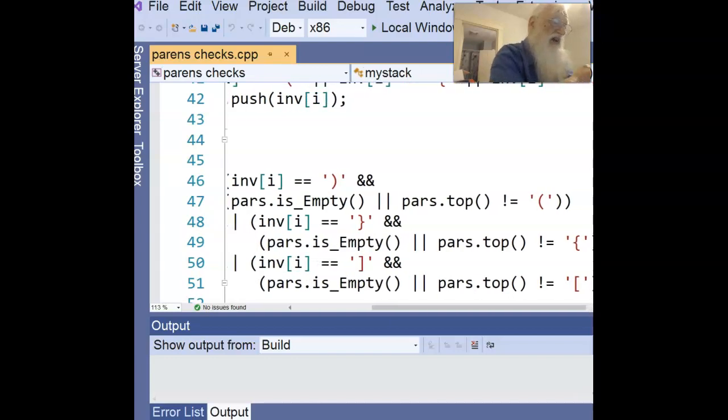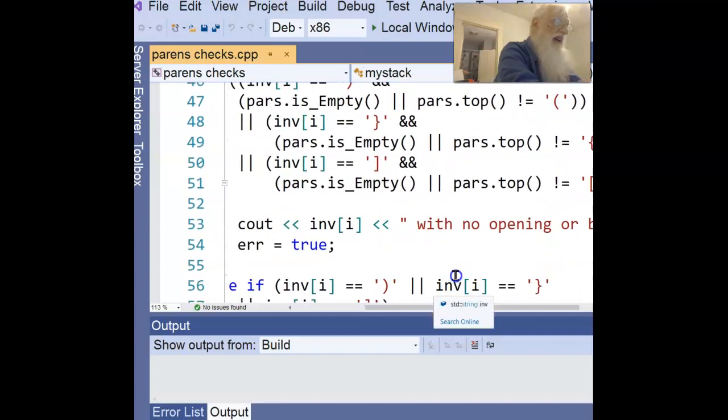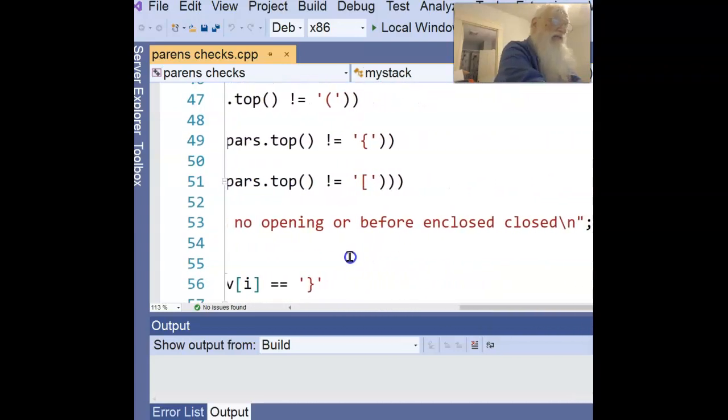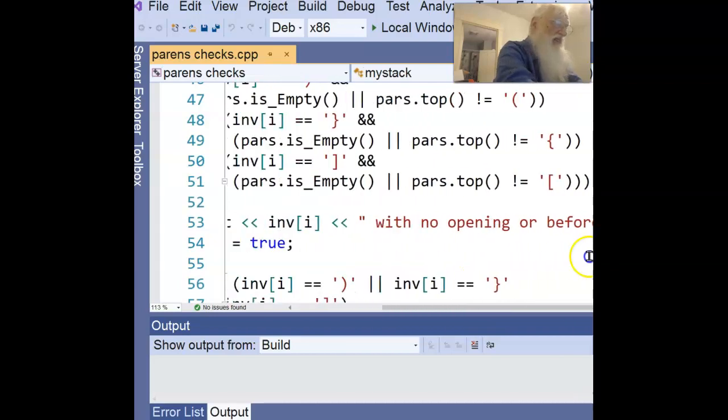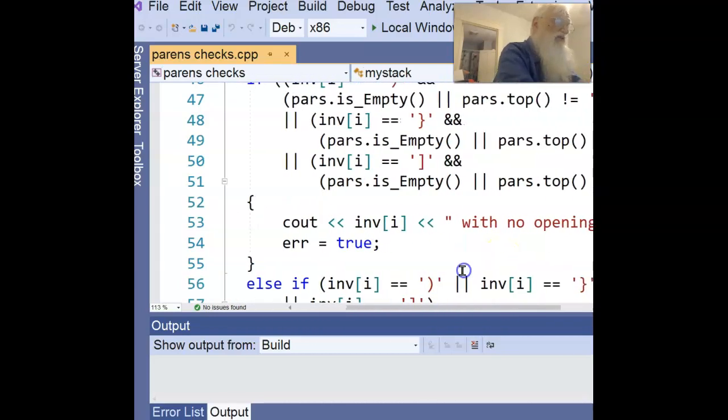So each of those is only saying, if I have a close of some form of parentheses, then as long as, if I do not have the right open parenthesis, either because the stack is empty or because there's something else there, then I'm going to print out that we have an error. I'm going to set error to true, and we won't keep going around.